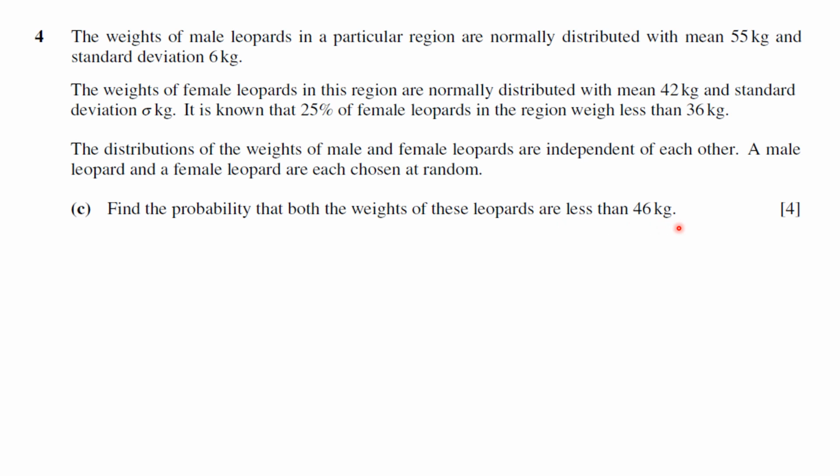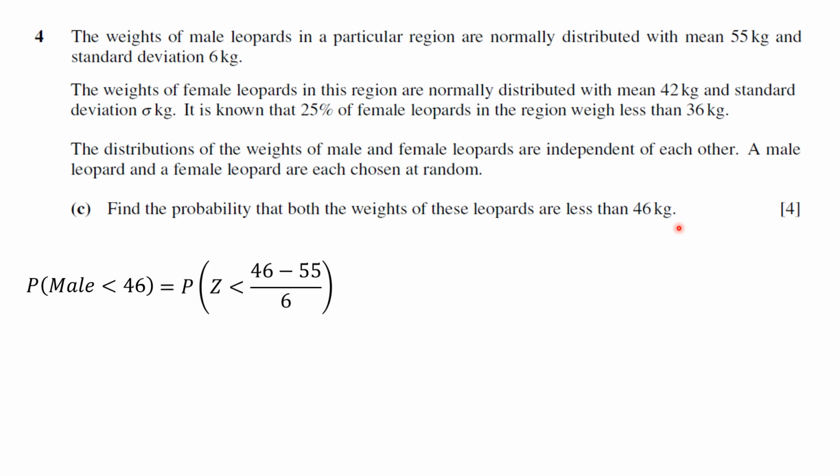So what we need to do is find the individual probability for the male and females such that they are less than 46 kgs. Starting with the males, the probability of males less than 46 kgs, or the probability of x, because we made x the variable, is less than 46.